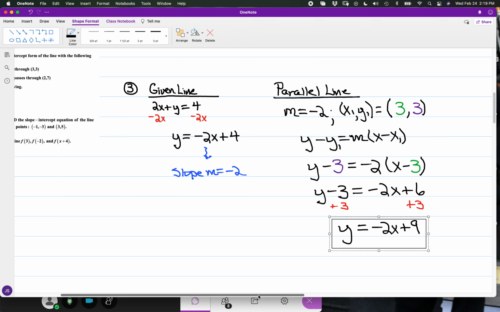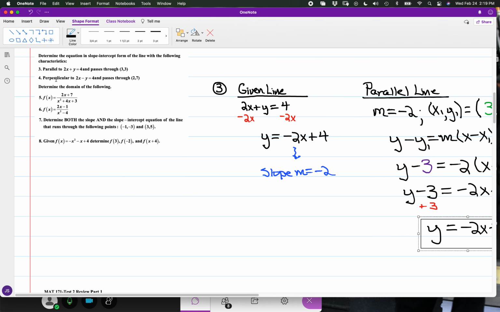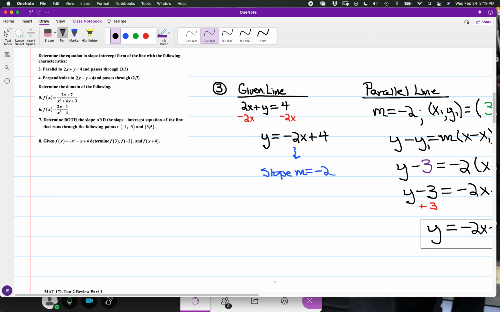And for what we have in the fourth problem, we're looking at a line that's going to run perpendicular to 2x minus y is equal to 4, and that is going to pass through 2, 7.